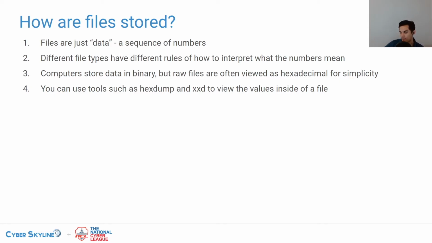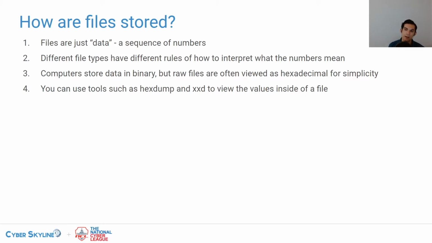Because it's all binary, everything's ones or zeros, and only numbers are actually being stored. For simplicity, we typically look at files as hexadecimal values. If you're not familiar with hexadecimal, it's a numbering system that has 16 possible values, 0 to 15.